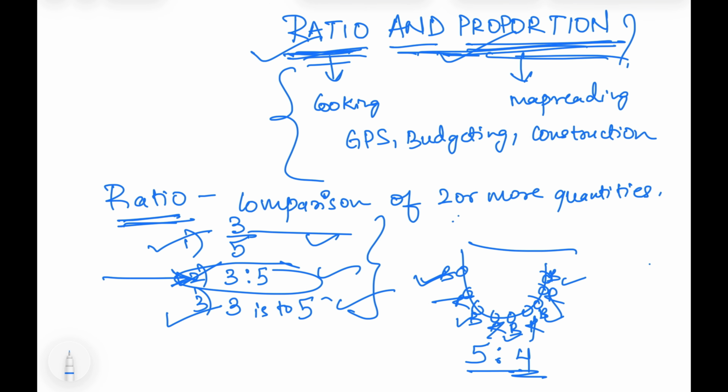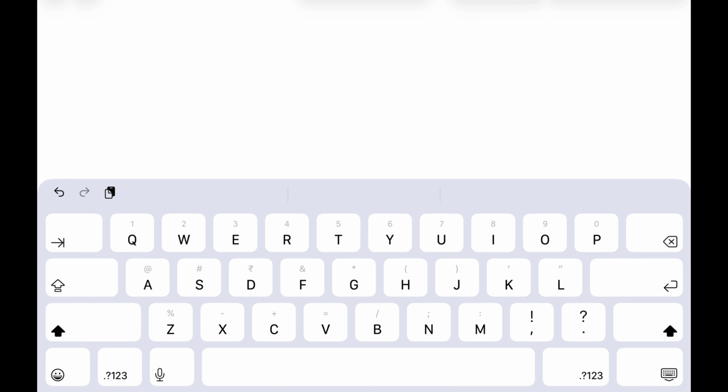Okay. Now the next word. What was the next word? The next word is proportion. Now, what is proportion? Proportion is also a comparison, but proportion is the comparison of two ratios. When you compare two ratios, that is called proportion.